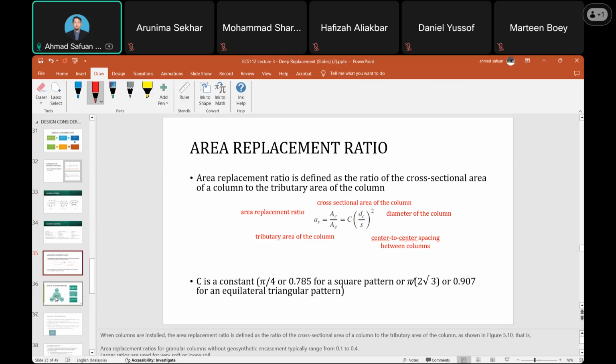So either we use AC over AE, or we use the diameter and spacing, then multiply with the C. Don't worry, during your final or test, for example, you will be given all these values.